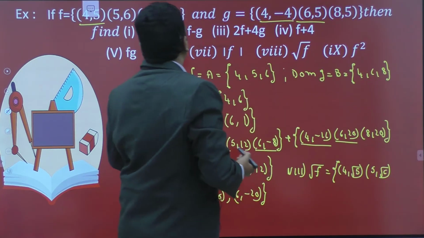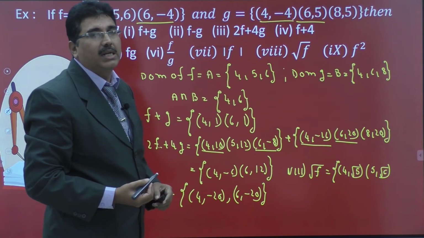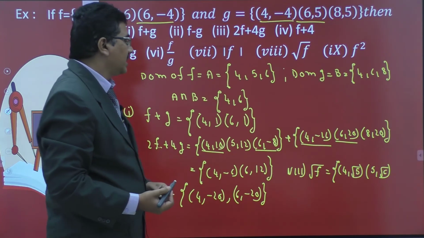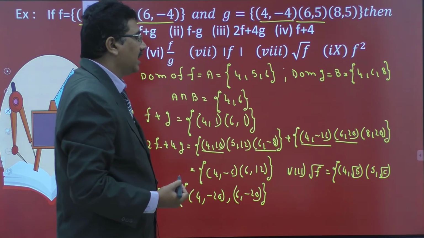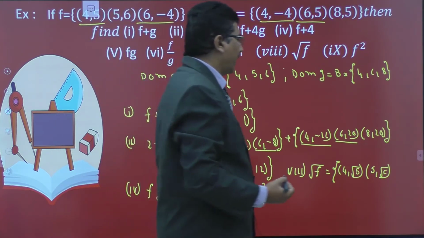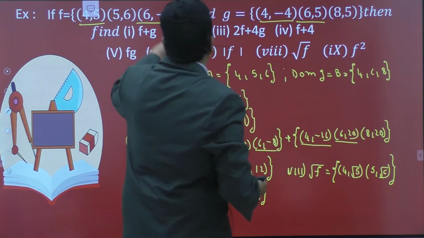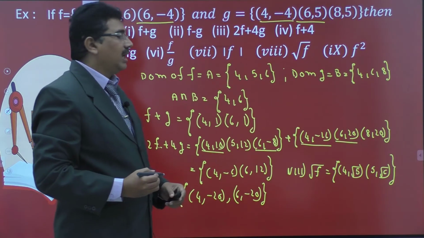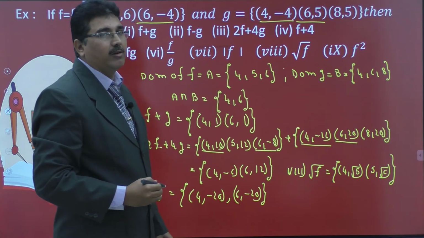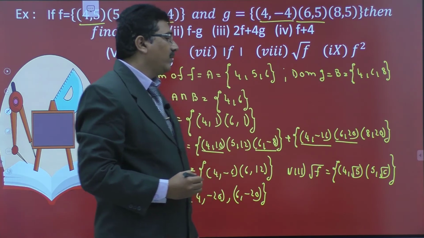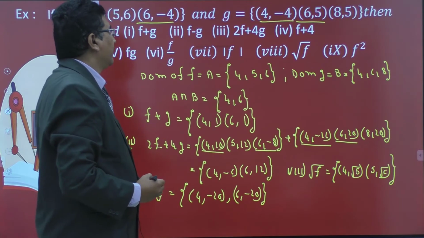Next one is (6, root -4). Root -4 does not exist, so root f is equal to the set of all ordered pairs (4, root 5), (5, root 6) only, because root -4 is not defined.